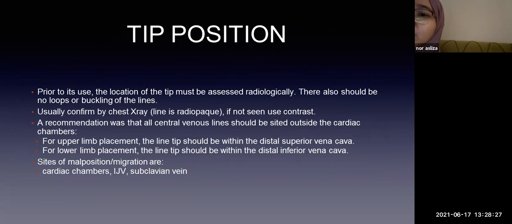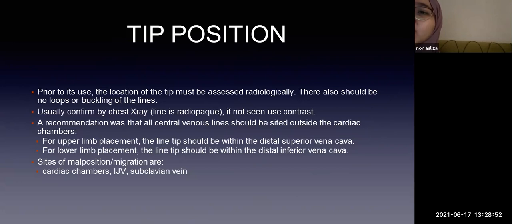For upper limb placement, the line tip should be within the distal superior vena cava. For lower limb, it should be within the distal inferior vena cava. Examples of sites for the tip position can be in the cardiac chambers, the inferior vena cava, internal jugular vein, and also the subclavian vein.